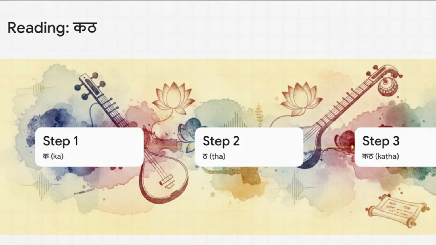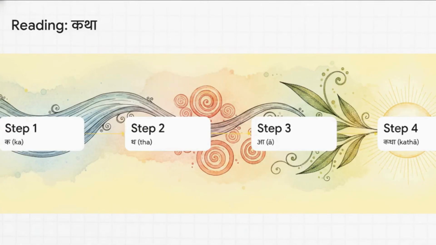Now look at this. Ka and tha. Katha. Katha. Correct. And here is a word using a matra we have already learned.